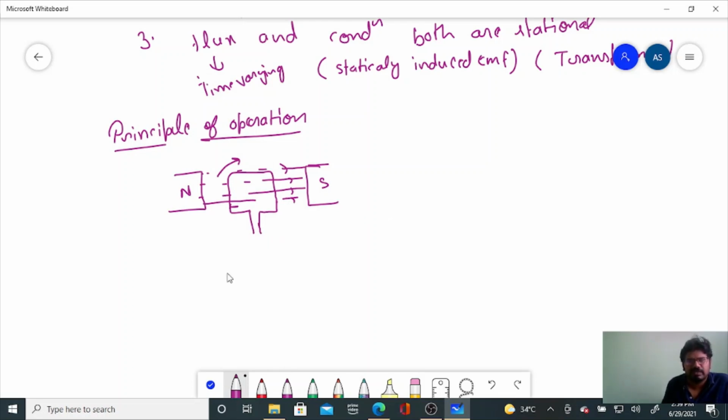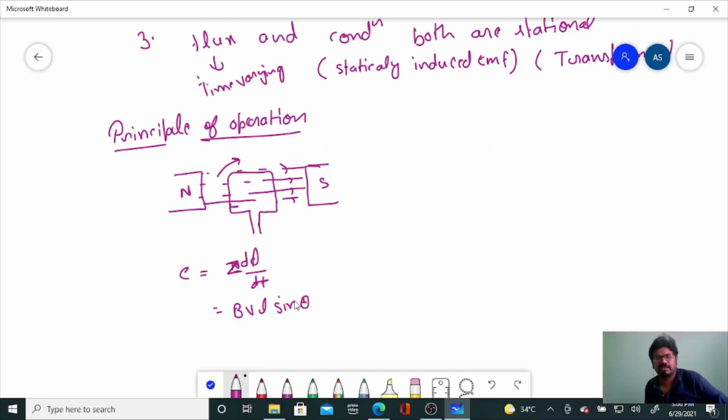Okay, and it will be E equal to N dφ/dt, where N is the number of conductors, or you can say Z here also. Or the formula here is E = BLV sin θ, which are the flux density, velocity, length of conductor, and θ is the angle between coil and flux axis.